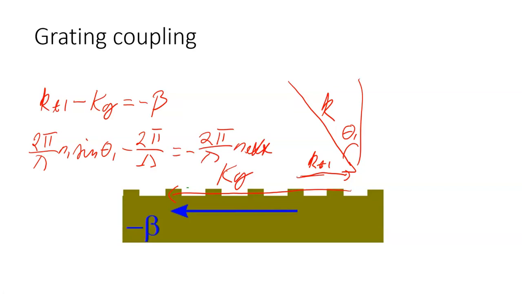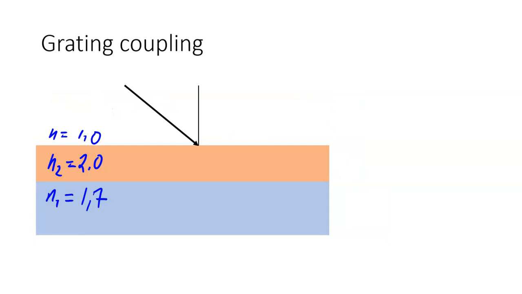Let's take a familiar example. Our waveguide has a refractive index of 2. The claddings have indices of 1.7 and 1.0.